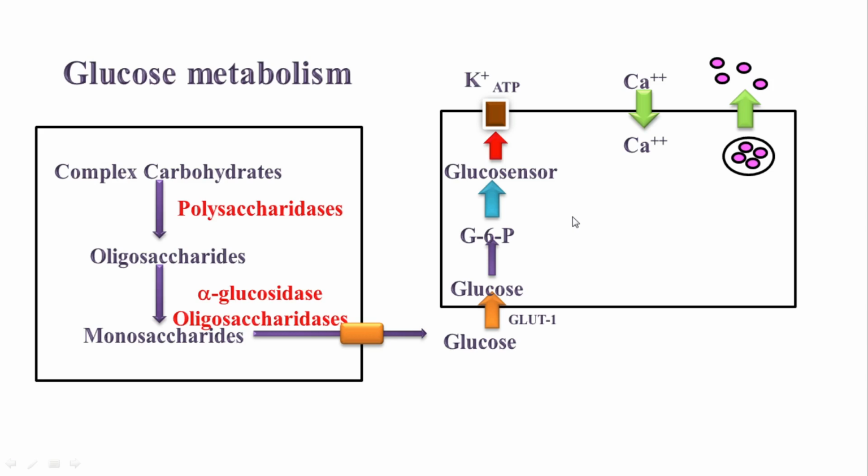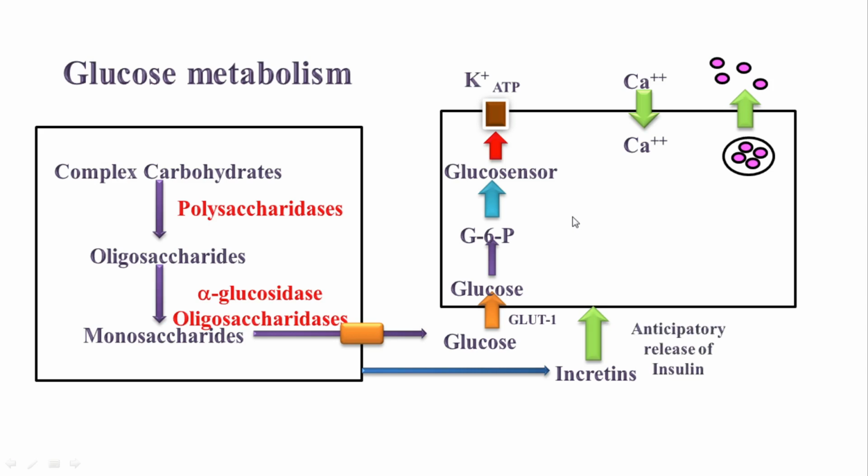When scientists tried to find out what was happening, they realized that when complex carbohydrates are undergoing breakdown in the intestines, the intestinal epithelial cells release some chemical hormones called incretins. And these incretins, the hormones, can act on the beta cells of islets of Langerhans and can cause an anticipatory release of insulin.